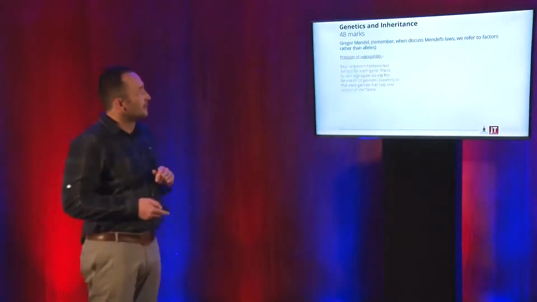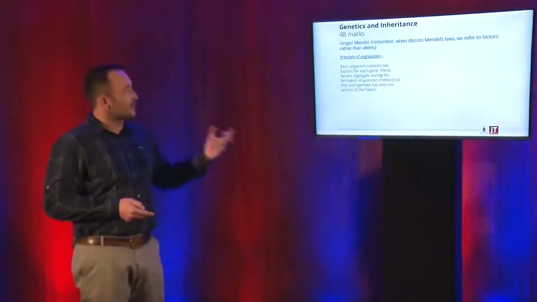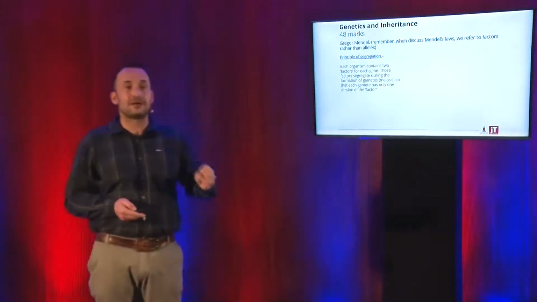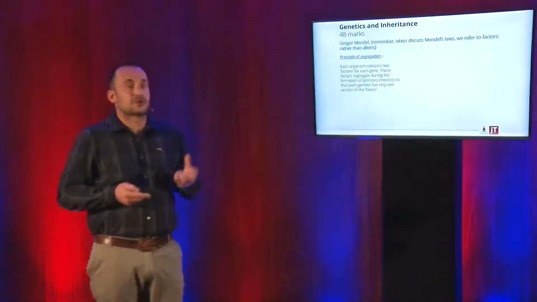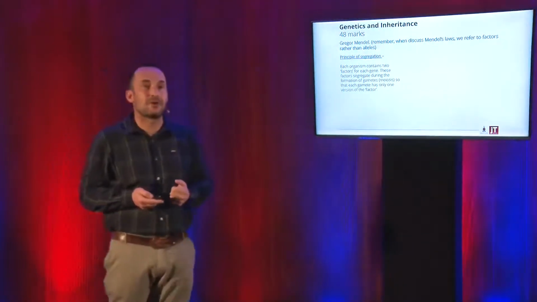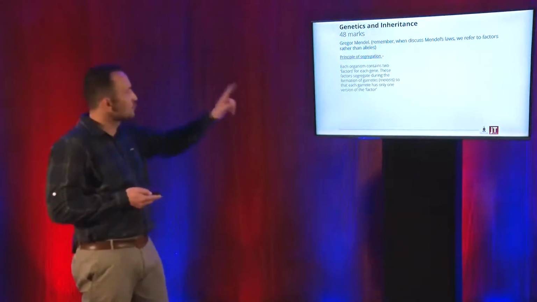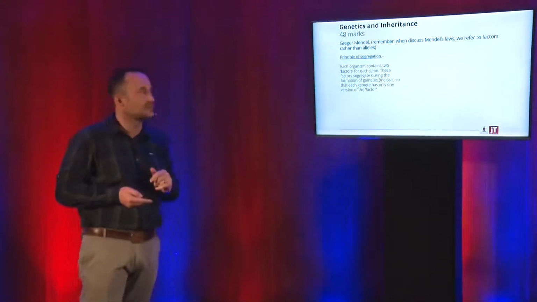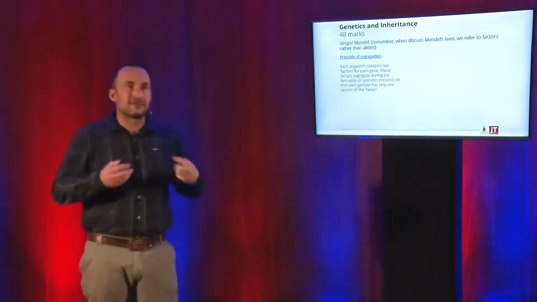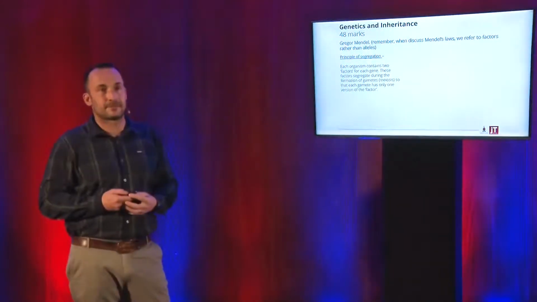Okay. When we're looking at his principle of segregation, we know that every one of the traits within organisms exists because of the pairing of genes from the parents. So we know there are two versions, or two factors, for each of these genes, and they segregate, they separate, in the formation of the gametes.